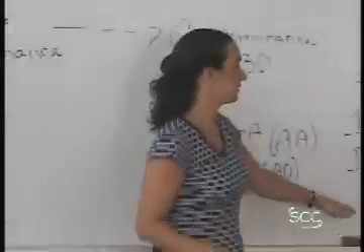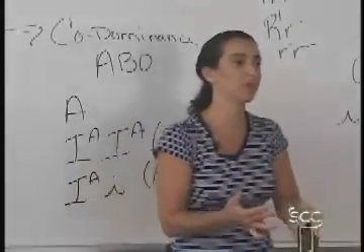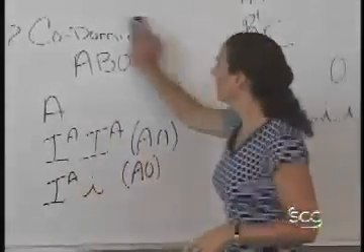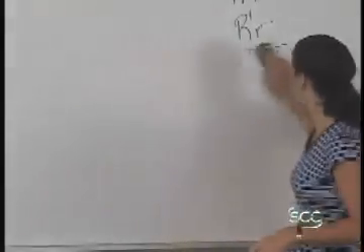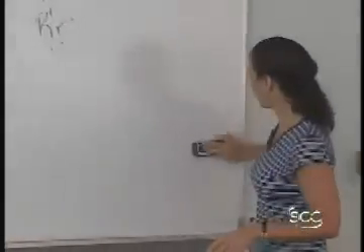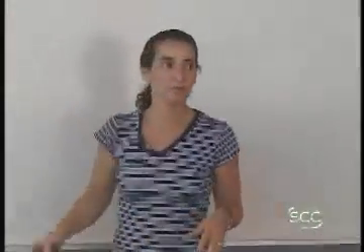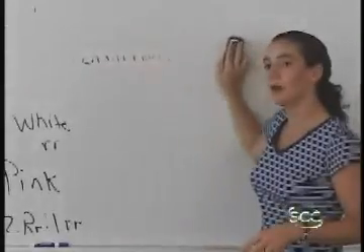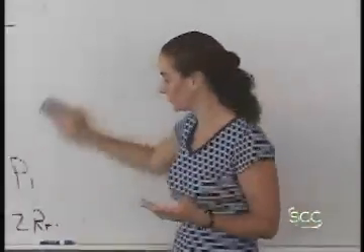The rest of, well, not the rest of this chapter, but some of this chapter talking about pleiotropy and epistasis and things like that, I'm not going to go into. But I do want to talk about some patterns of inheritance. We talked about our chromosomes, how we have 23 different types of chromosomes. 22 of those chromosomes are known as autosomes, and the other pair is known as our sex chromosomes.